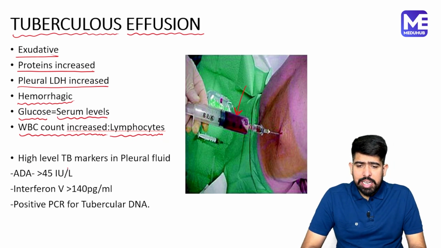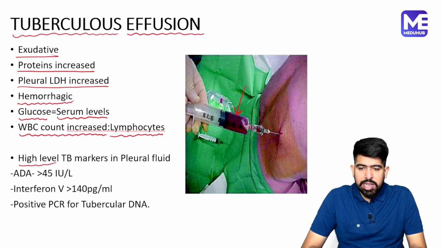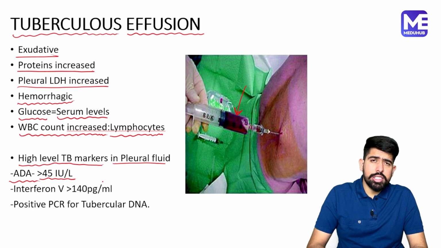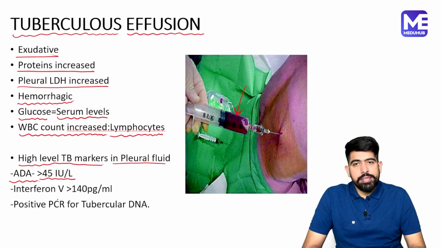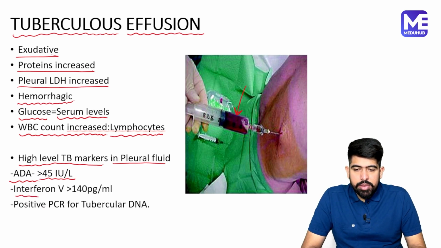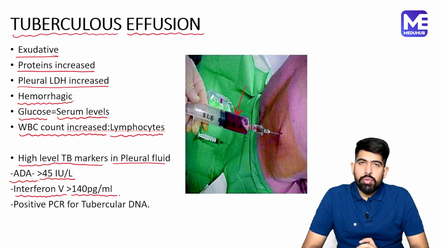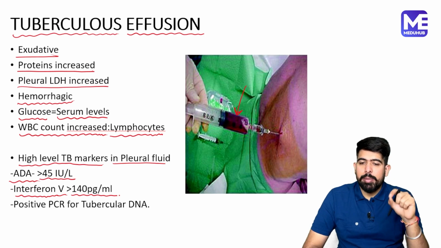And if we talk about the high level TB markers in the pleural fluid, we have to do the ADA. If ADA is more than 45 international units per liter, it is confirmatory of tuberculosis. And interferon gamma, if more than 140 picogram per ml, right?